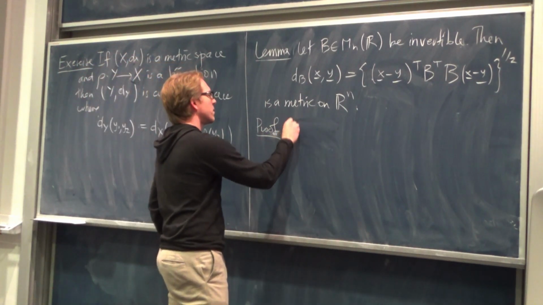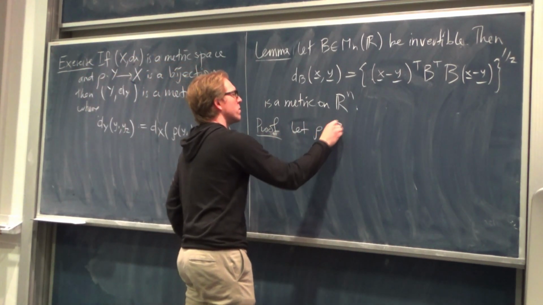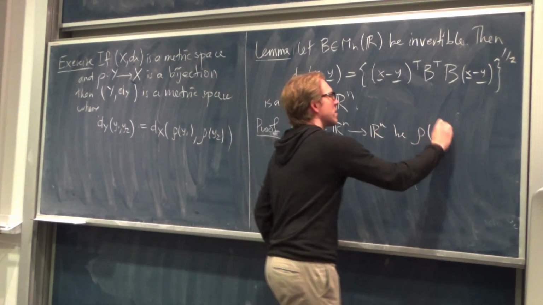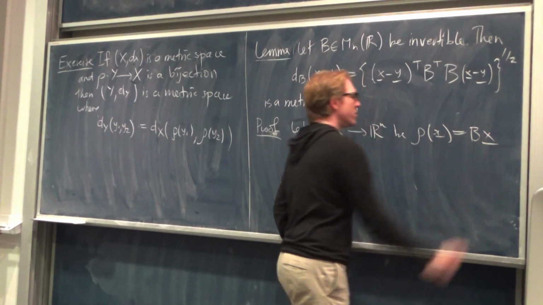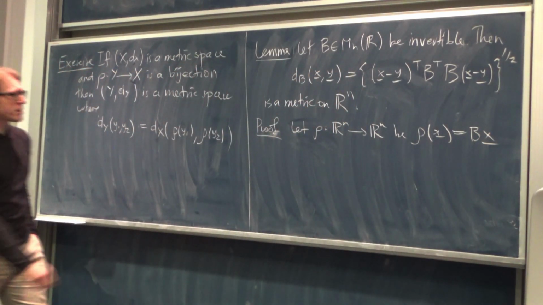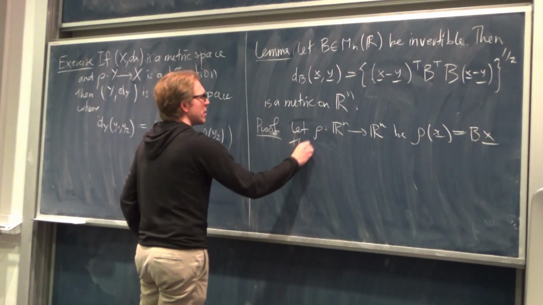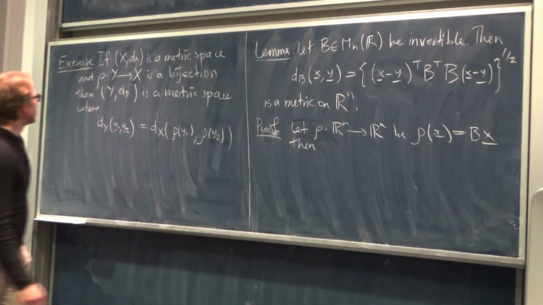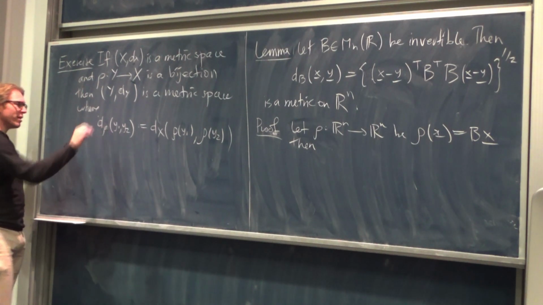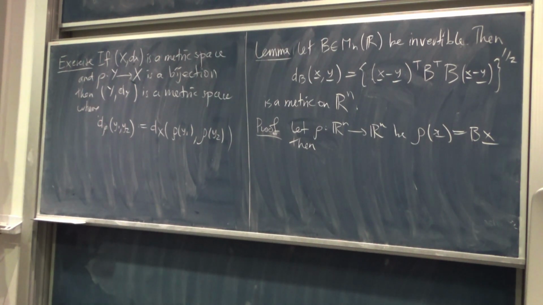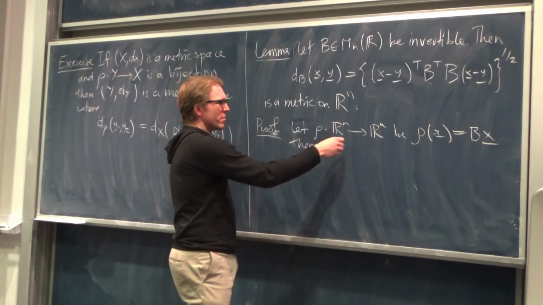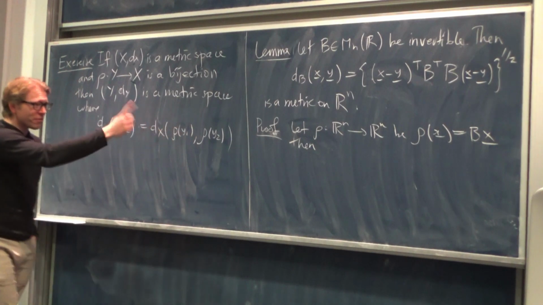Right, because let rho be the bijection from Rn to itself, which is given by multiplying by this matrix. Potentially, I should call that d_rho instead of d_Y, because it's actually determined by rho. Also, this exercise then says that I've got a bijection.